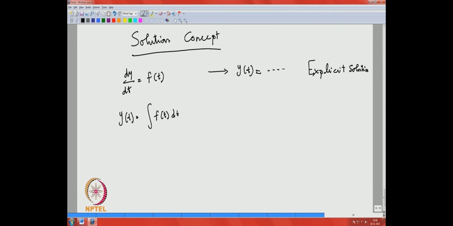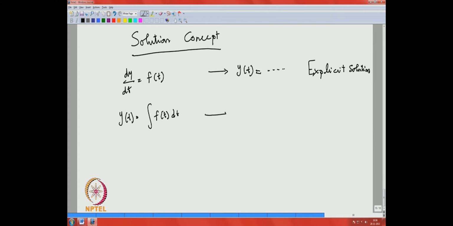What I am trying to say is that writing down your y of t is quite often explicit, or more or less explicit. You may not be able to calculate the integral and write it in those terms, but still this is explicit. But when you go to more general equations of the form dy by dt equal to f of t, y of t, getting an expression for y of t may not be possible.